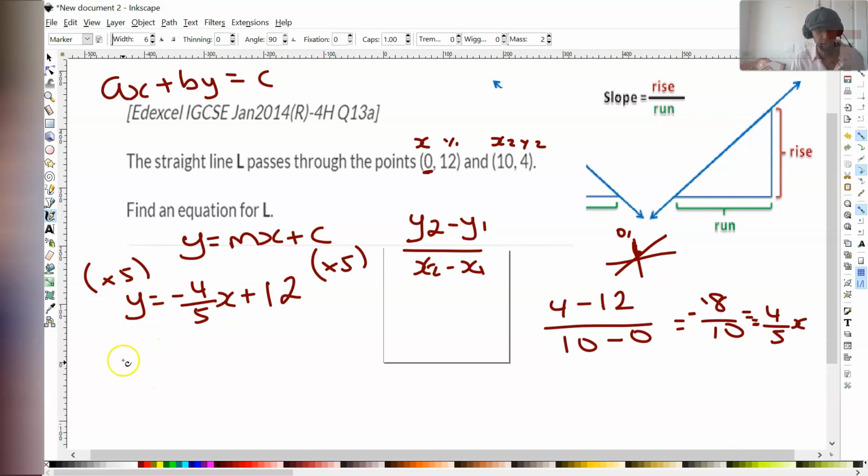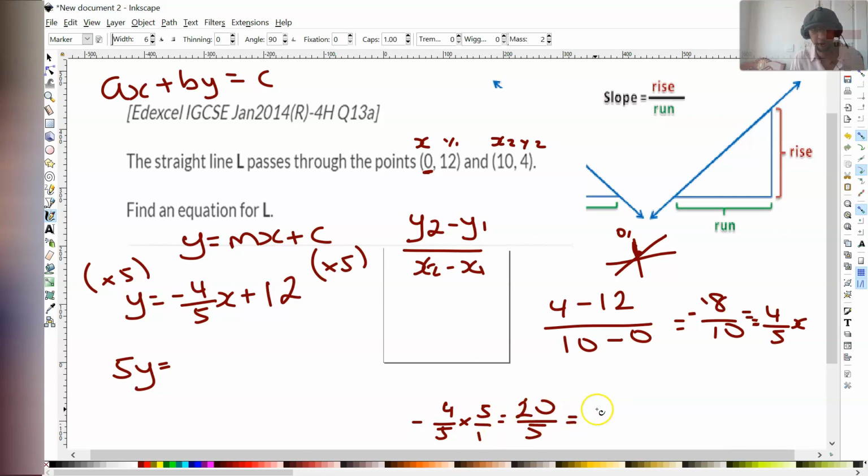So this will give me 5y equals, and now when I multiply negative 4 over 5 times 5, that is going to be negative 4 times 5, which is 20 over 5.